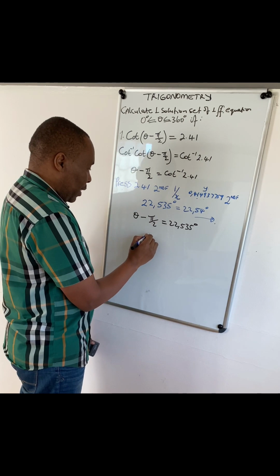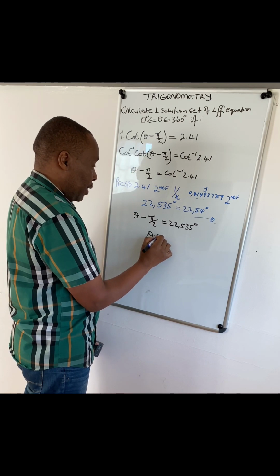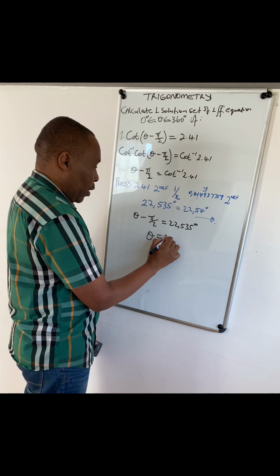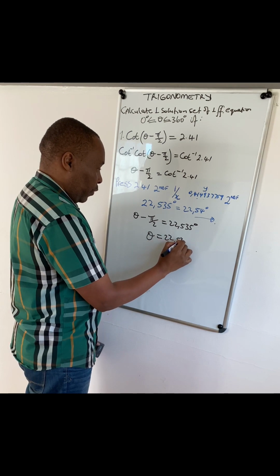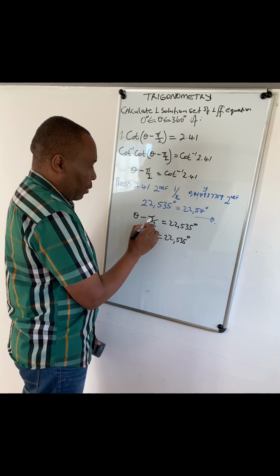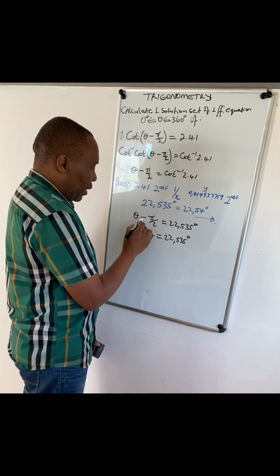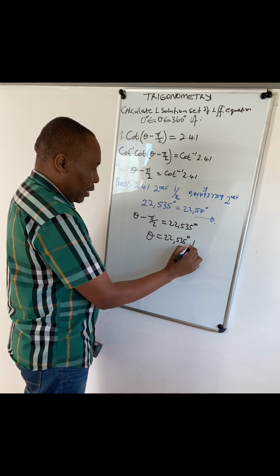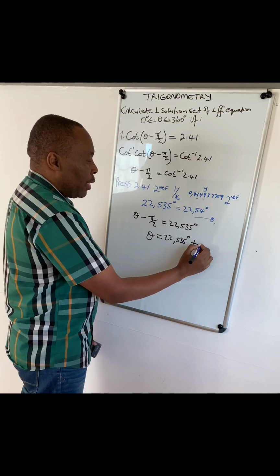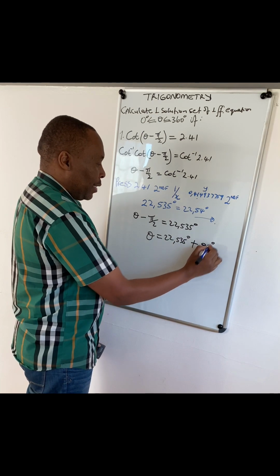So I have theta is equal to 22.535 degrees. Remember, pi over 2 is negative on this side, so it goes to the other side as a positive. Pi over 2 is the same as 90 degrees.